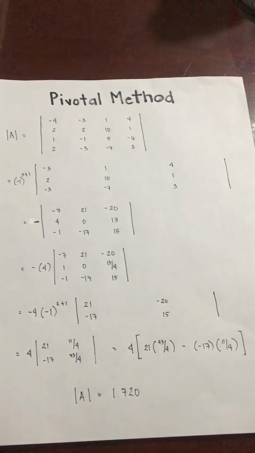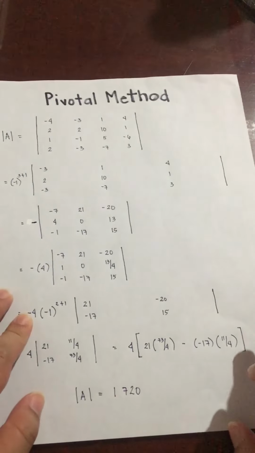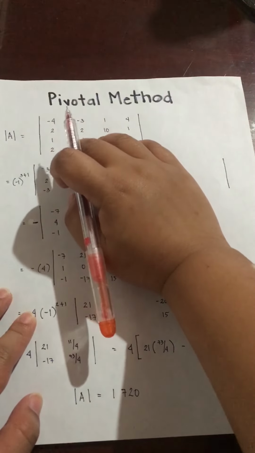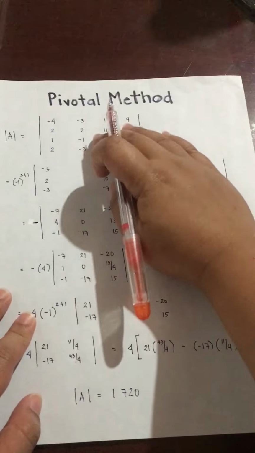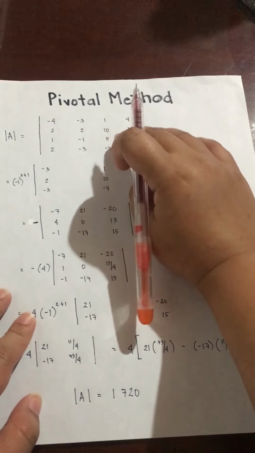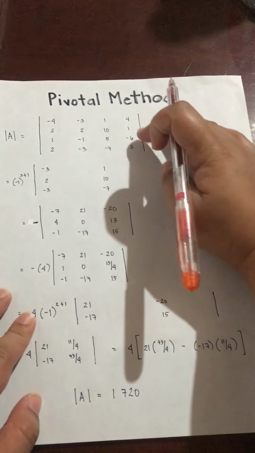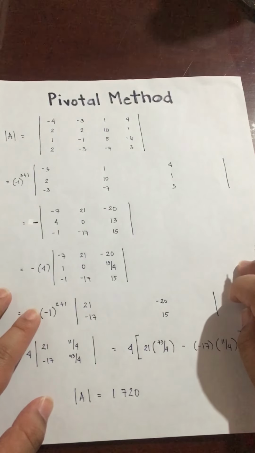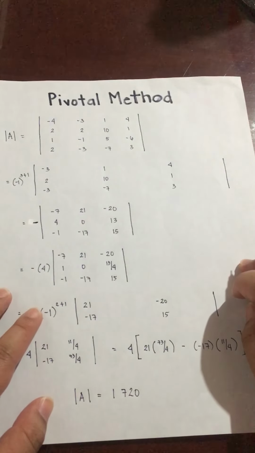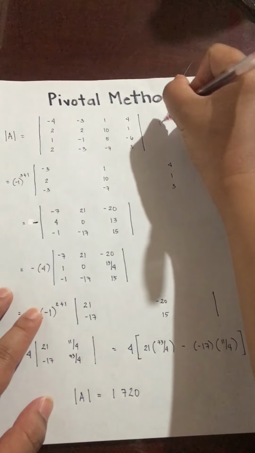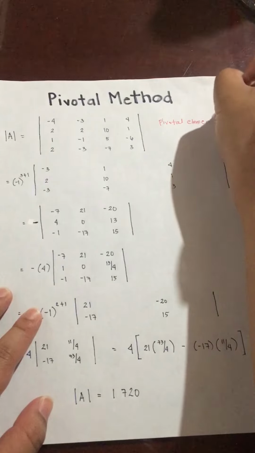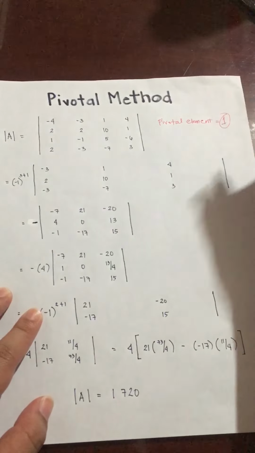For our example number 2, we have a given 4 by 4 determinant, which is negative 4, 2, 1, 2, negative 3, 2, negative 1, negative 3, 1, 10, 5, negative 7, 4, 1, negative 6, and 3. Now, we will again choose a pivotal element. Pivotal element, again, is equal to 1.